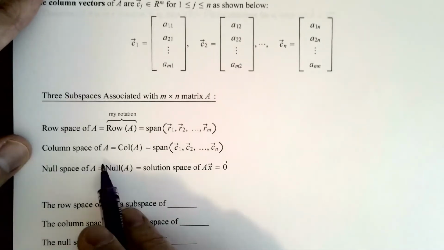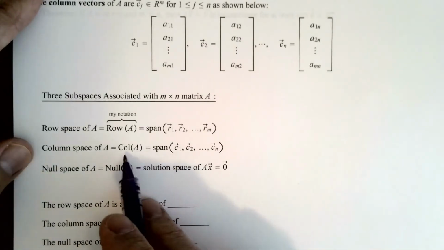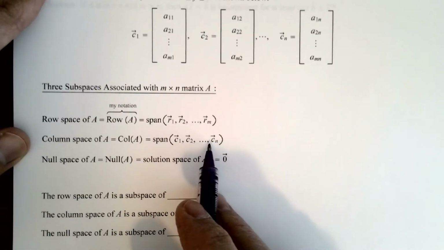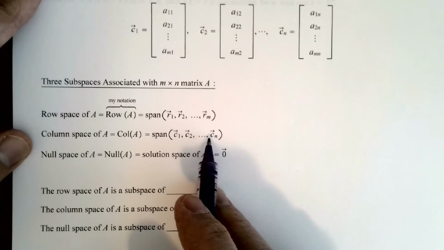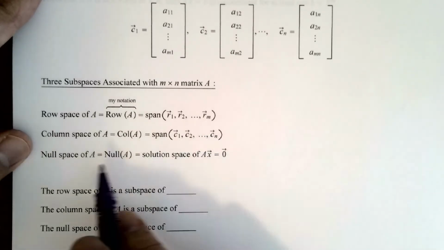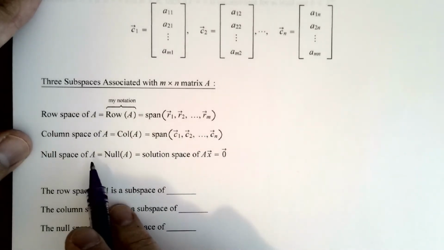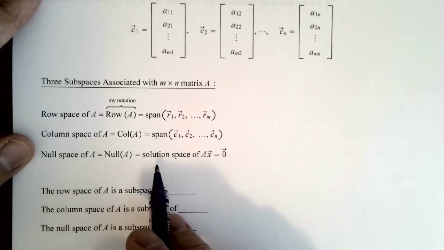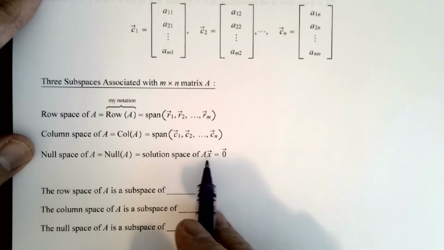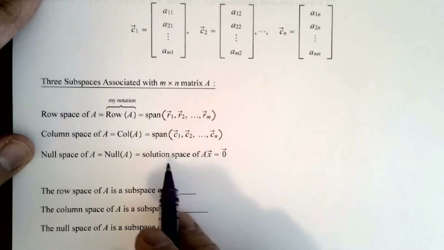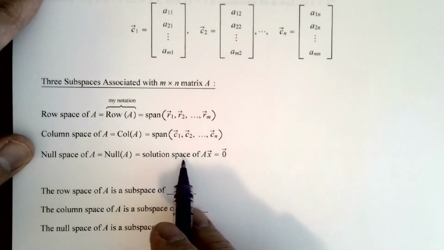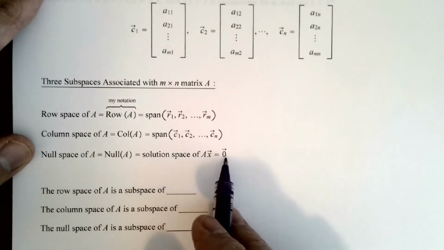The column space of A, I denote sometimes this way, is the span of the columns of the matrix A. And then the null space of A is the third subspace we're going to talk about, which I denote sometimes this way. This is the solution space of AX equals 0. Okay, so we have talked about this. In fact, in the last two videos, technically, we have talked about the solution space to AX equals 0.